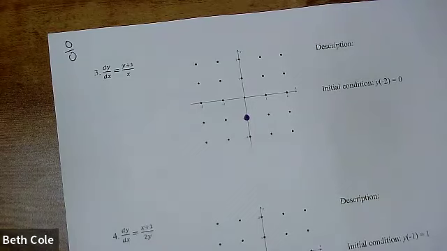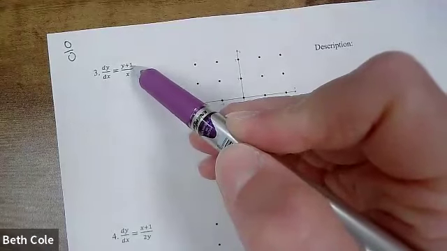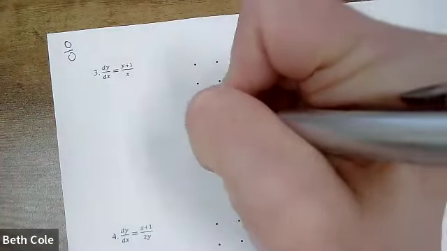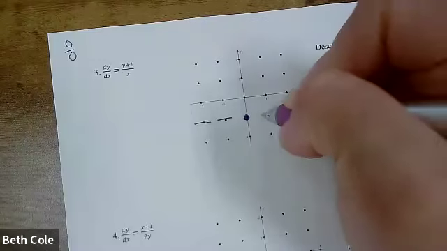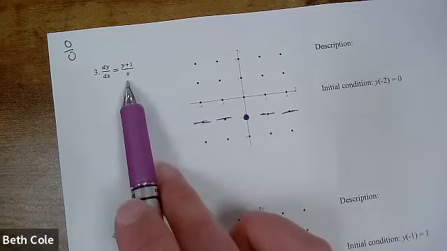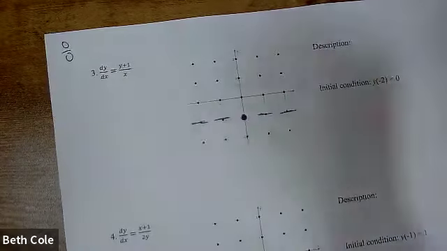Now, we can knock out one column and one row. When y is negative 1, your slope should be what? 0. So everywhere that y is negative 1, you can put a 0 slope. And then everywhere that x is 0, you're going to get a 0 denominator, which means undefined, and so it'd be vertical.